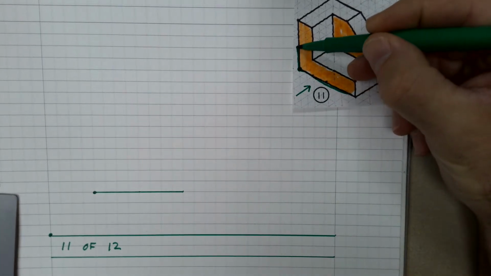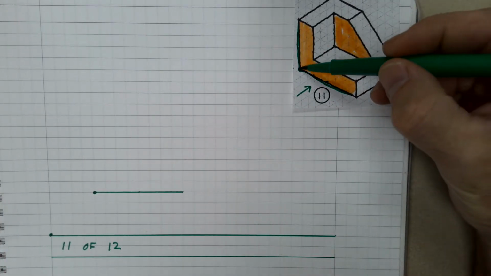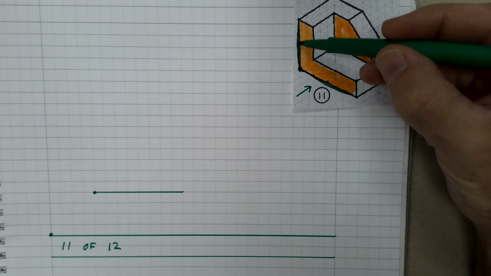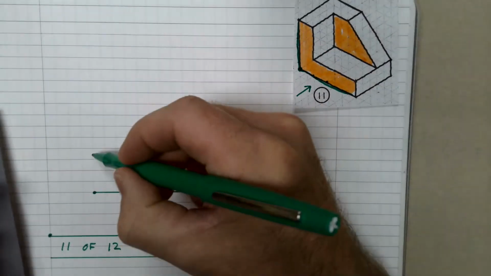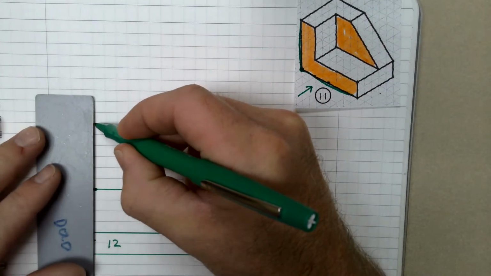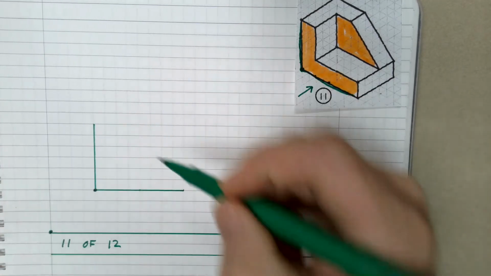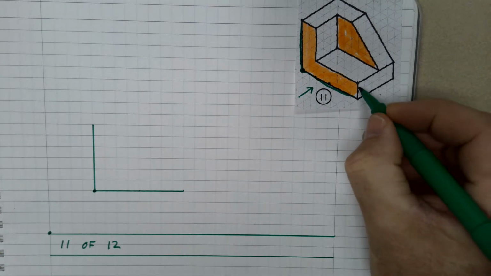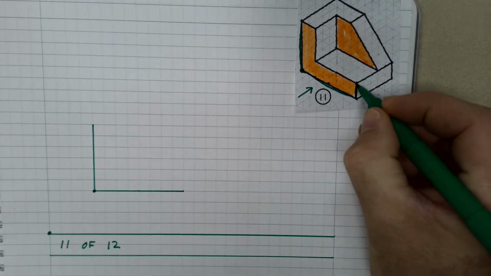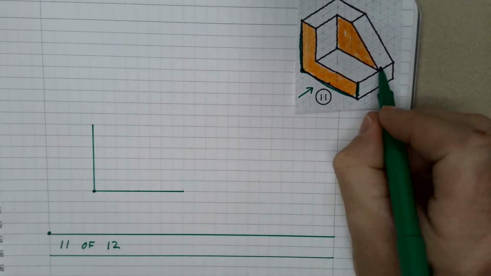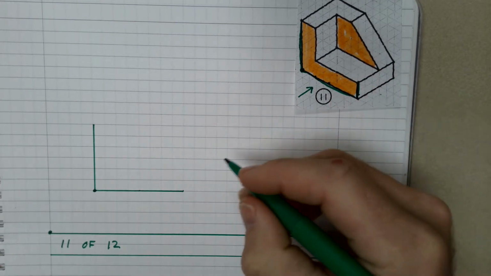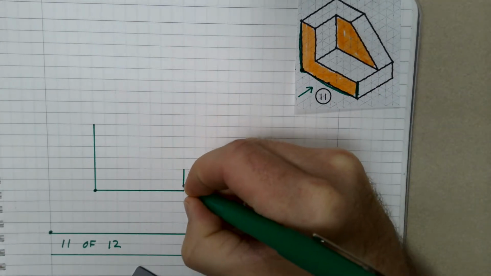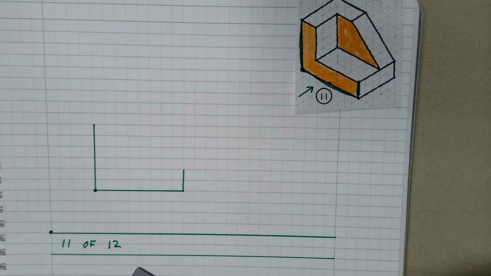Our height would be right here. I need to draw that line. That's 1.5 inches. And let's go to this corner here. This goes up 1/2 inch before it starts slanting up. So I'm going to draw that 1/2 inch.